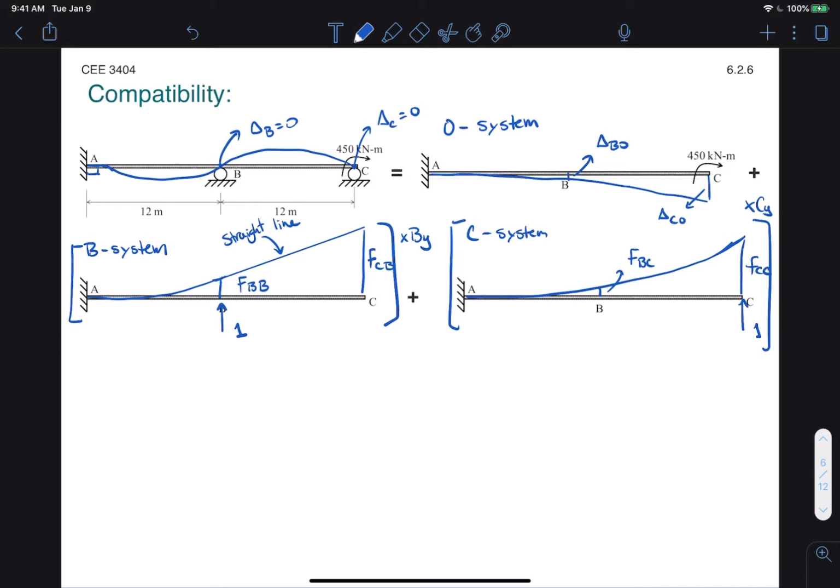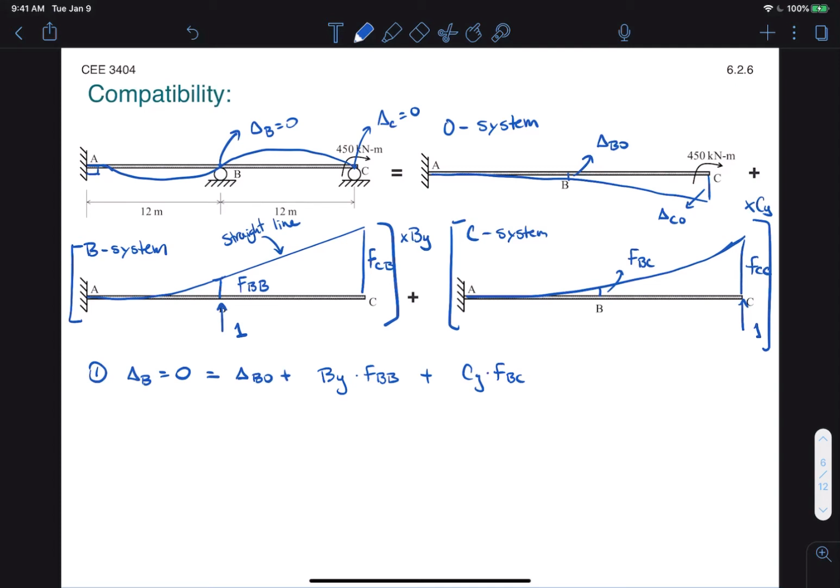All right, so with those, we can set up our compatibility equations. And we have number 1, we have delta B equal to 0, equal to delta B0 plus By times FBB for the B system, plus Cy times FBC for the C system.